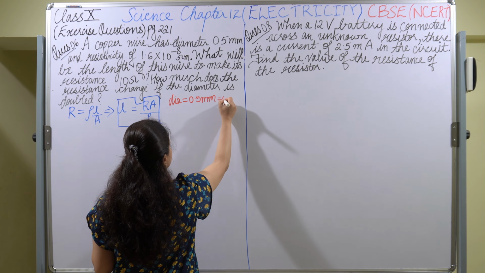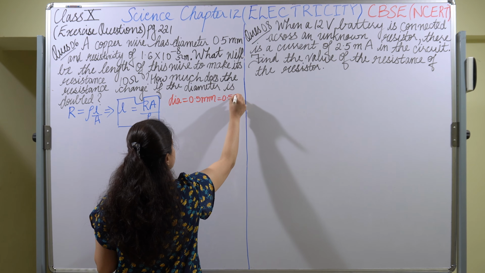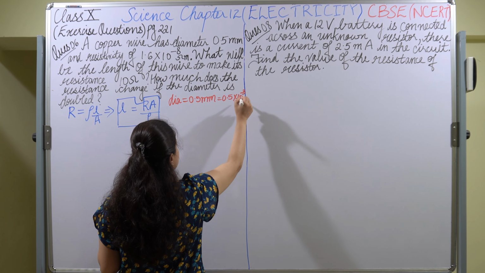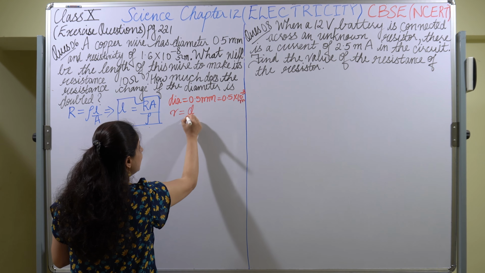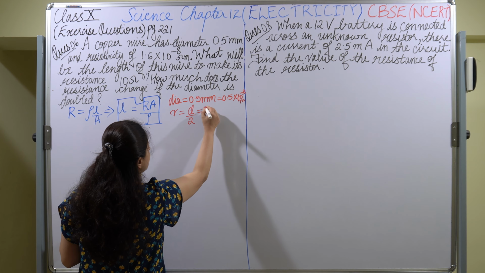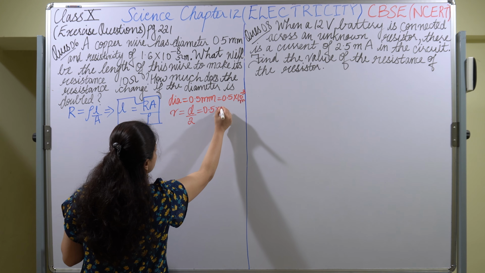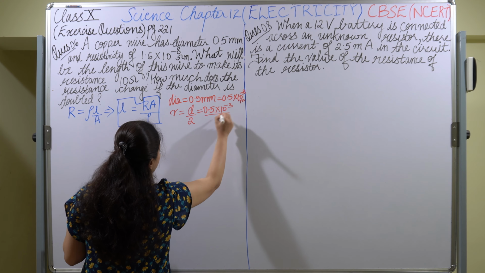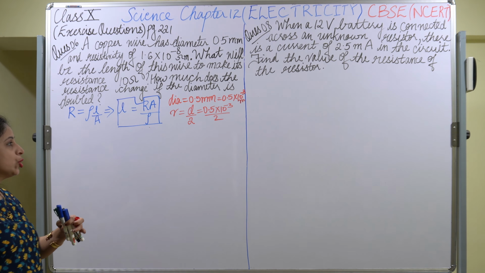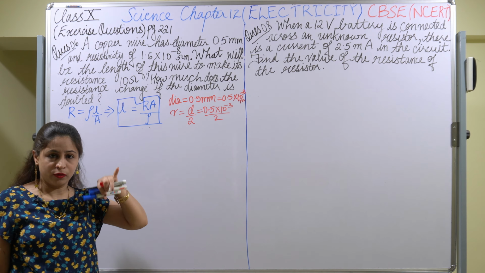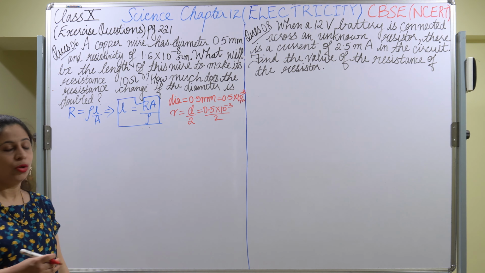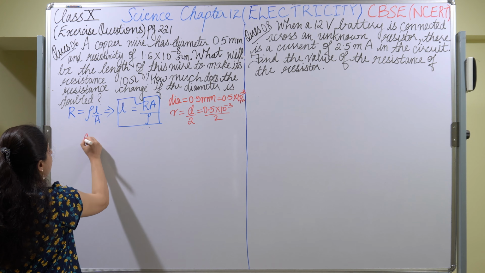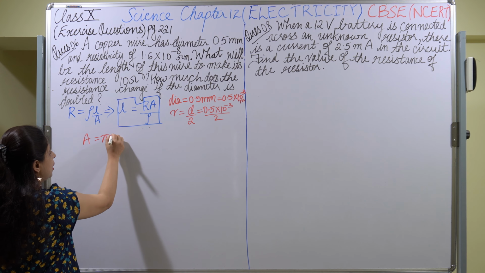So it will be equal to 0.5 into 10 power minus 3 meters, and since the radius is given by d by 2, the radius will be equal to 0.5 into 10 power minus 3 upon 2. This radius we will be putting in the formula to find out the value of the length. Now, area is always given by pi r square.